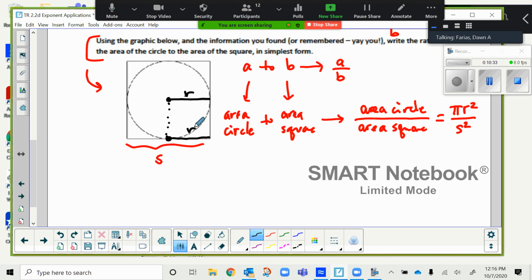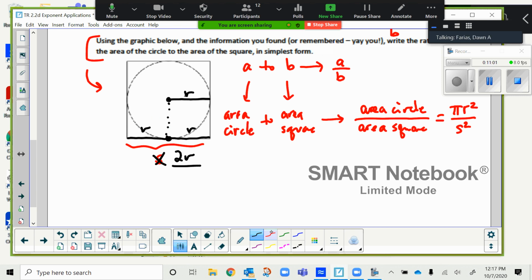So if half of the side is r, how could I rewrite, instead of s, what could I say the length of that side is using r only? 2r, perfect. That's exactly what I'm trying to get here. So instead of s, we're going to call the s 2r because it's r plus r, okay?